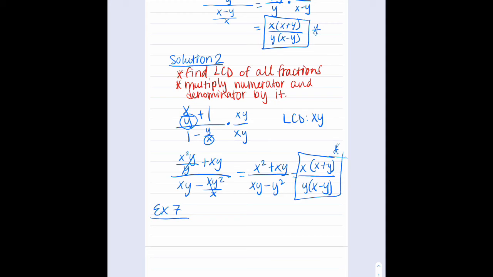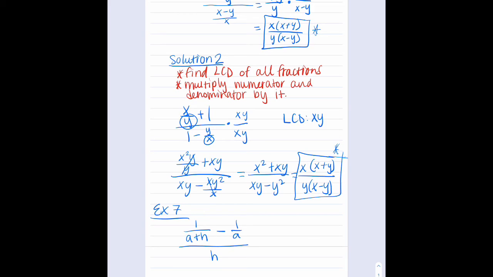So we have 1 over a plus h, minus 1 over a, all over h. Basically we're going to start by combining the fractions in the numerator using a common denominator.